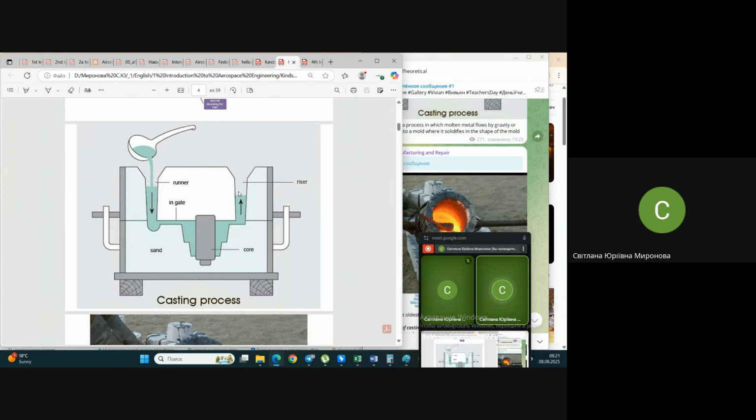It's not counted by drops. All the process goes very quickly, you understand. For this, additionally, in this mold exist something like pockets, additional channels, additional places for extra material, for removing the gases, and so on.